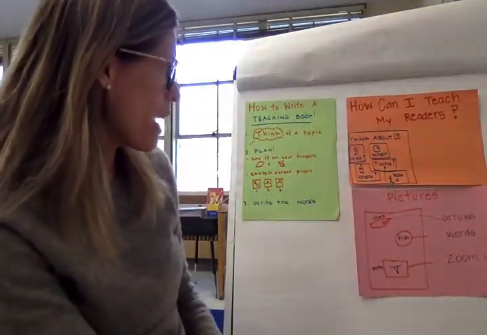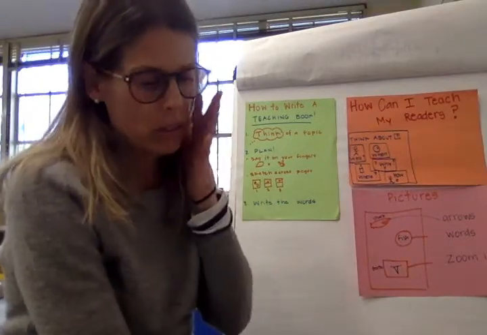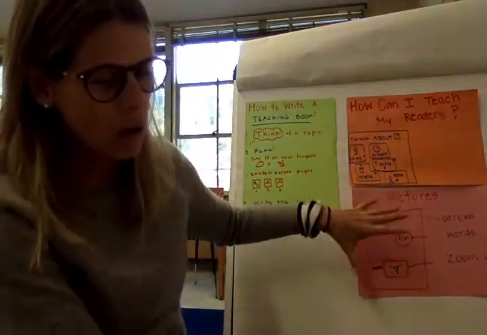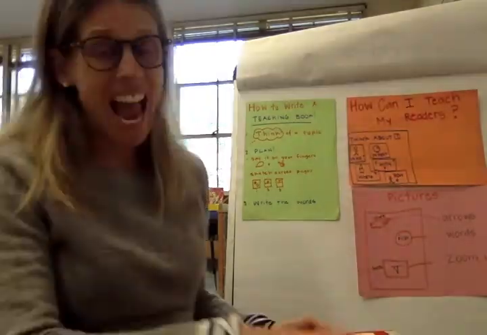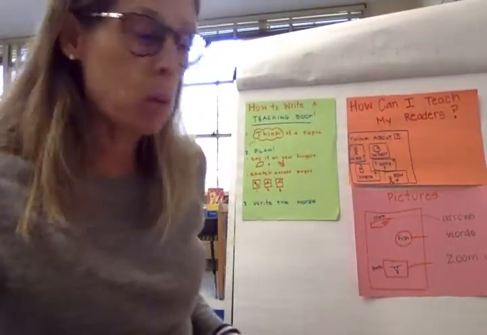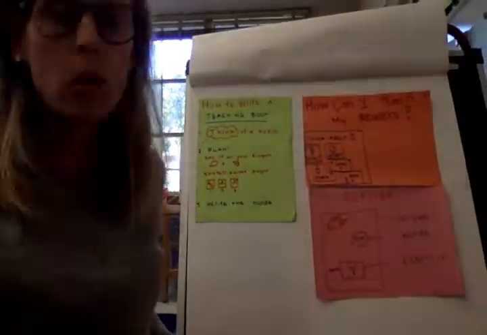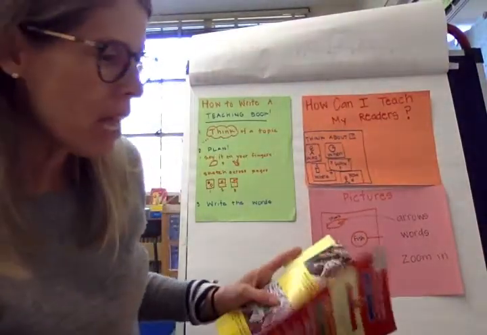Say they do a picture in their story. How are they going to add to that picture to give us more information?